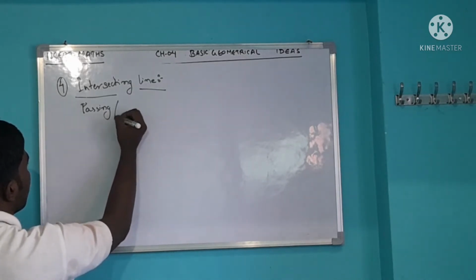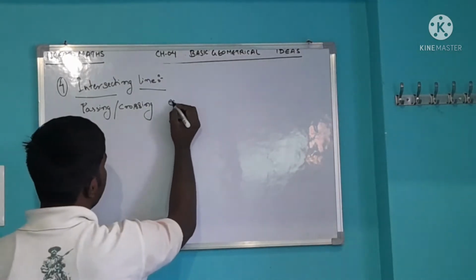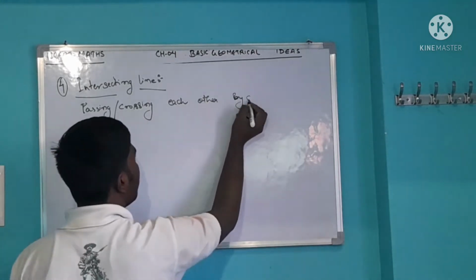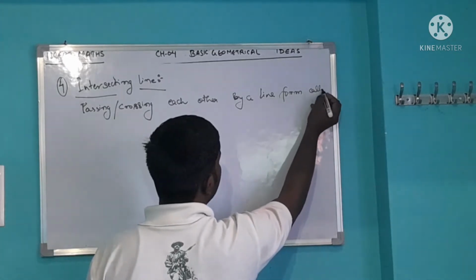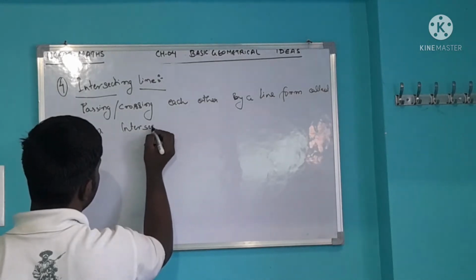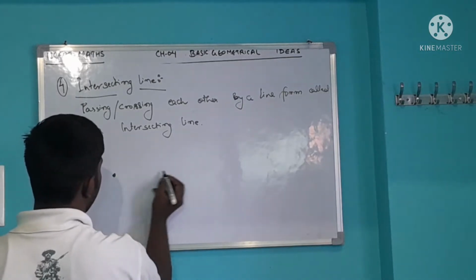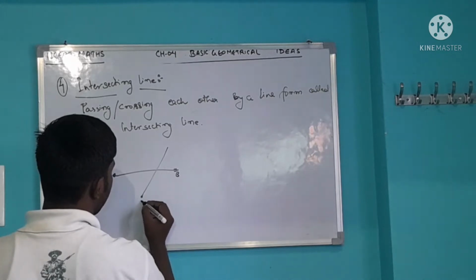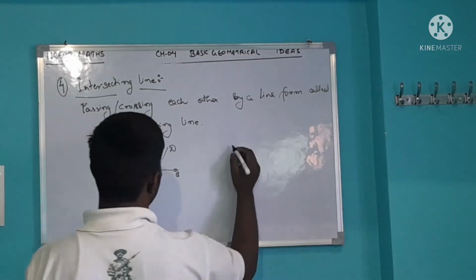Lines passing or crossing each other is called intersecting lines. Like we have points A and B, and we have points C and D. So this is an intersecting point.